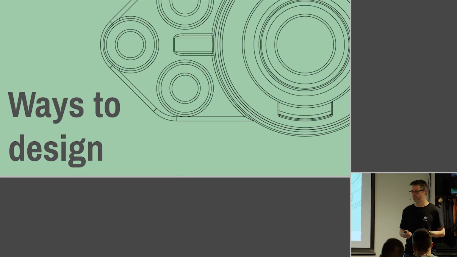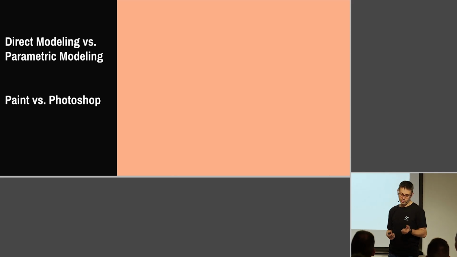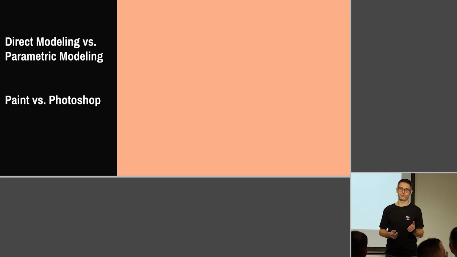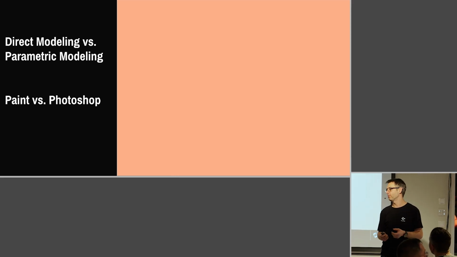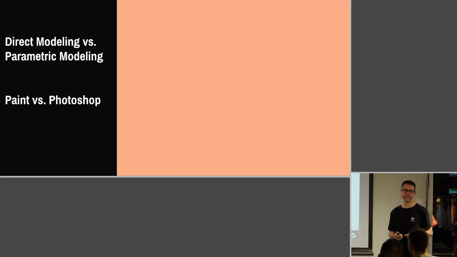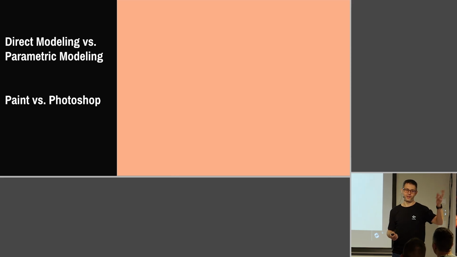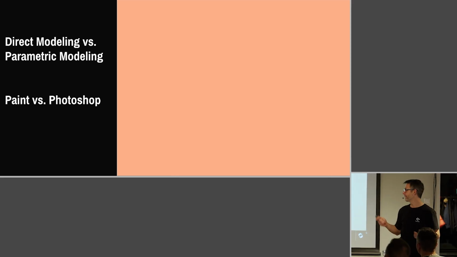Ways to design. So I was hardly thinking about how to get an analogy from everybody's life, to understand what direct modeling and parametric modeling is. First, I came up with the concept of a sculptor and one of an architect.